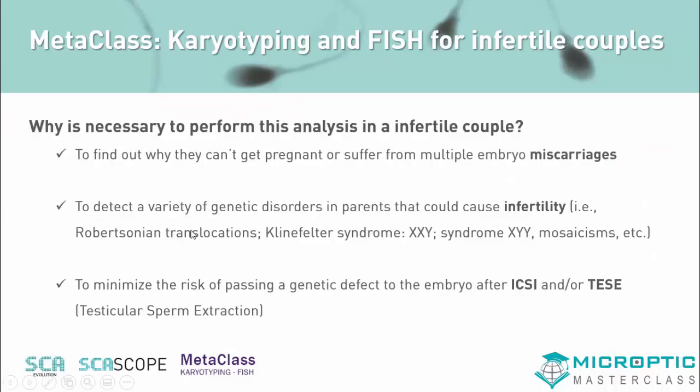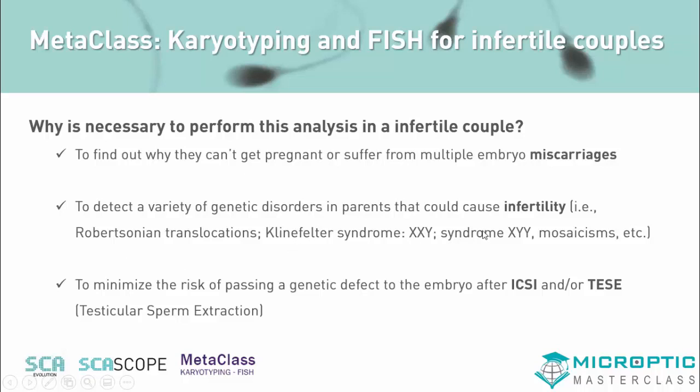So why is it necessary to perform this analysis in an infertile couple? To find out why they can't get pregnant or suffer from multiple embryo miscarriages. If you have a couple that has a miscarriage, it's good to check the karyotype. Also to detect a variety of genetic disorders in parents that could cause infertility, like Robertsonian translocation and Klinefelter syndrome.